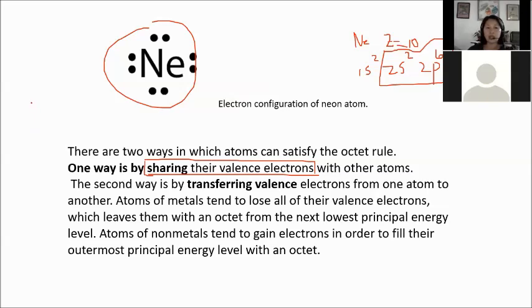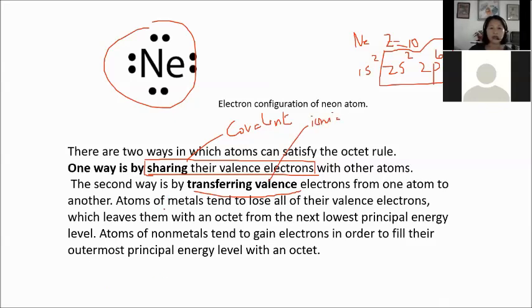Hydrogen has 1 electron, so kailangan niya ng other hydrogen atom para maging H2. Stable, para maka-combine with other elements. And then the second one is by transferring of electrons. So this is covalent bond. The other one is ionic.